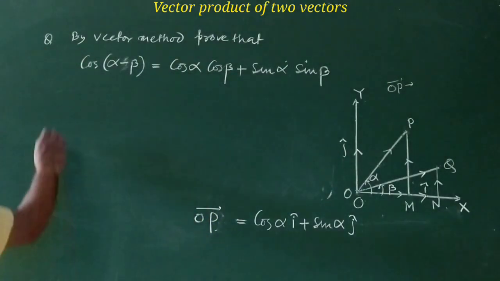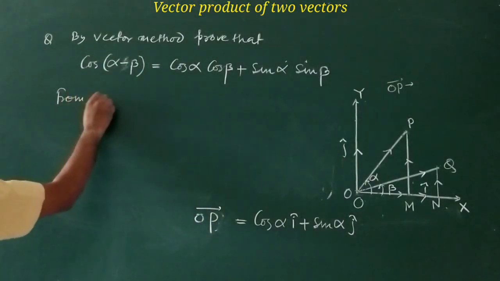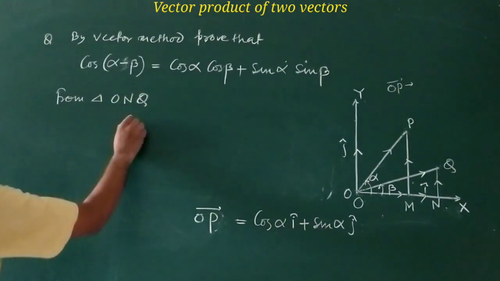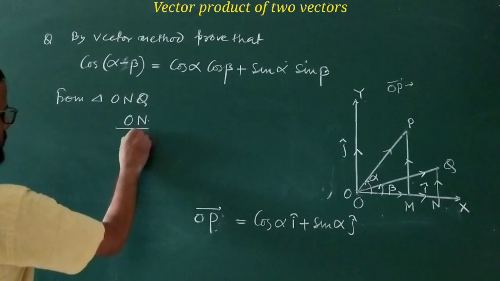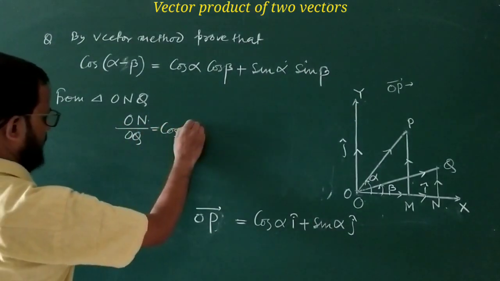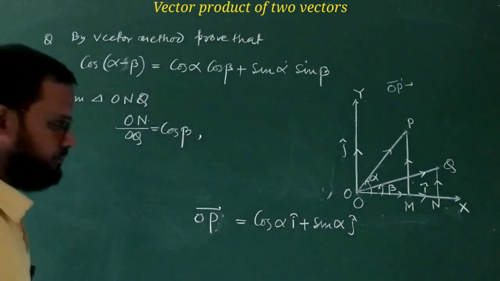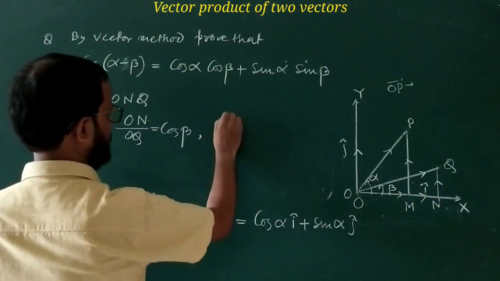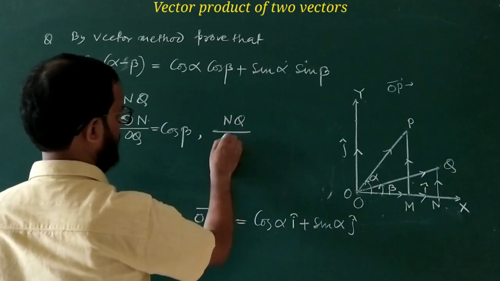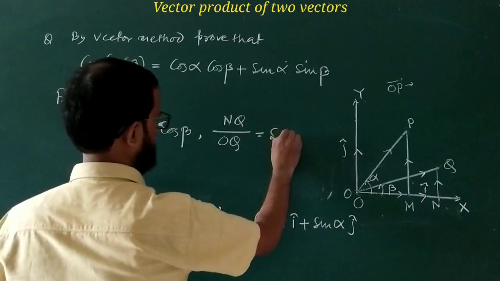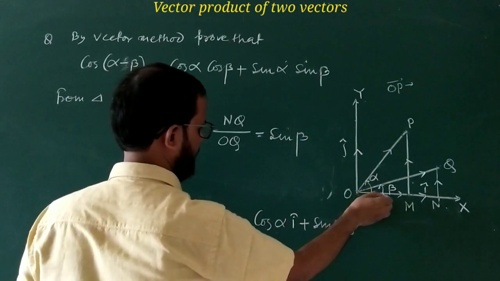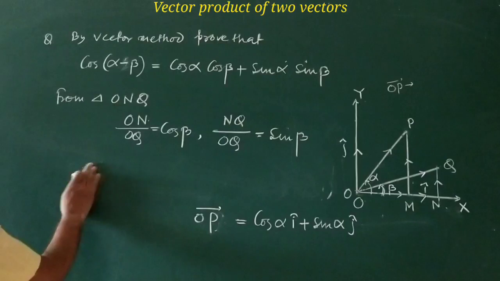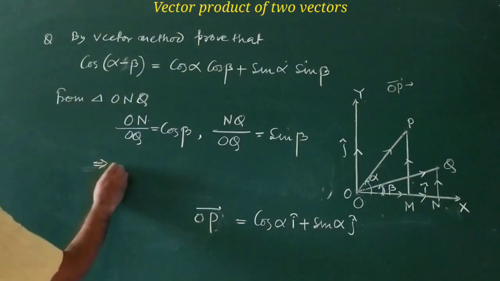Now from triangle ONQ, same way cos beta equal to ON by OQ, and NQ by OQ is equal to sin beta, because the angle is beta. I hope you understand this part. And magnitude of OQ is equal to 1, because it is a unit vector.